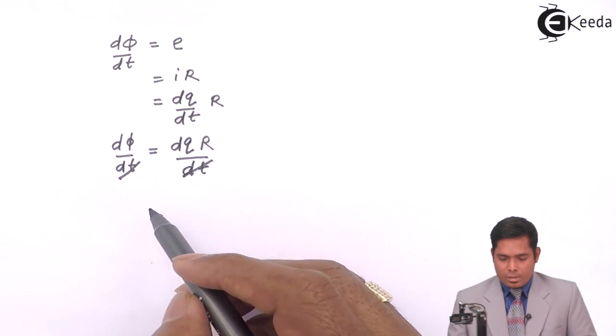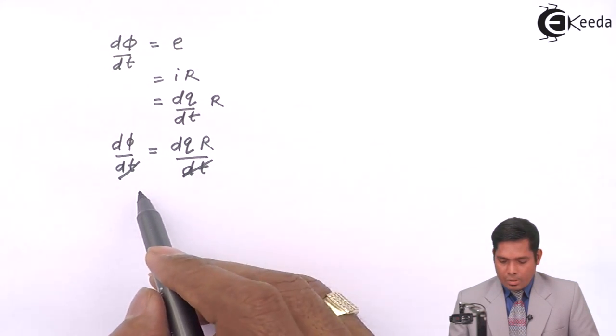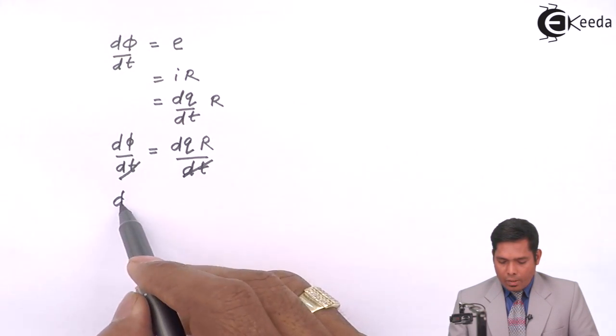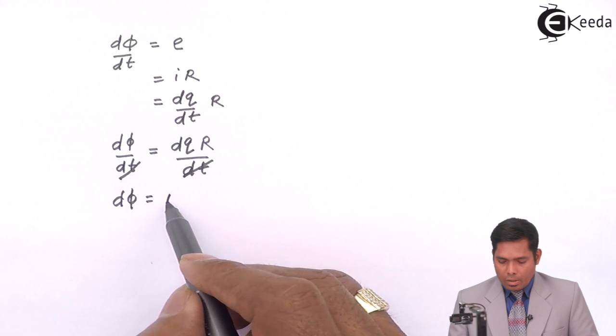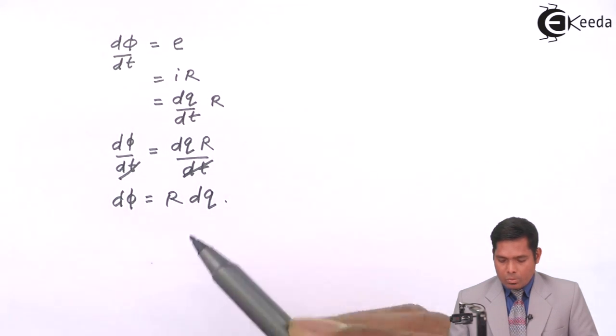So dt cancels, and from here d phi is R into dq.